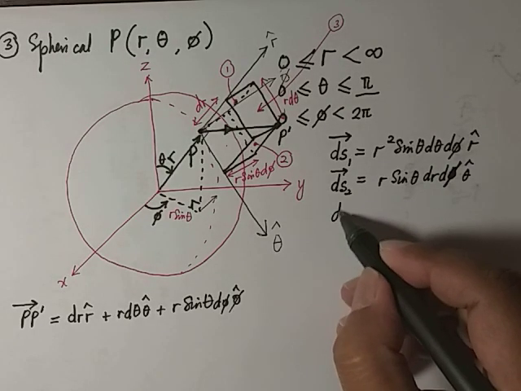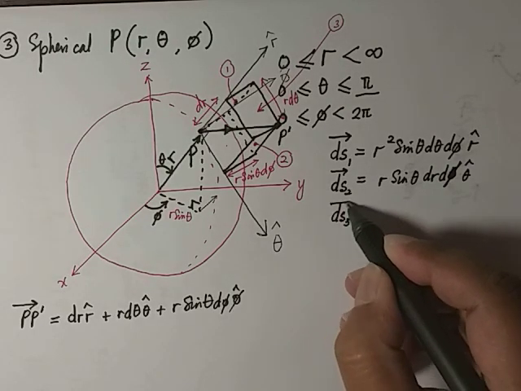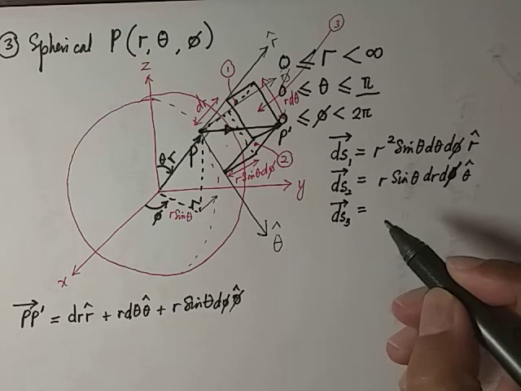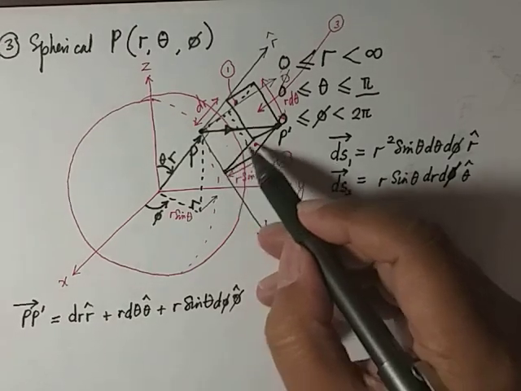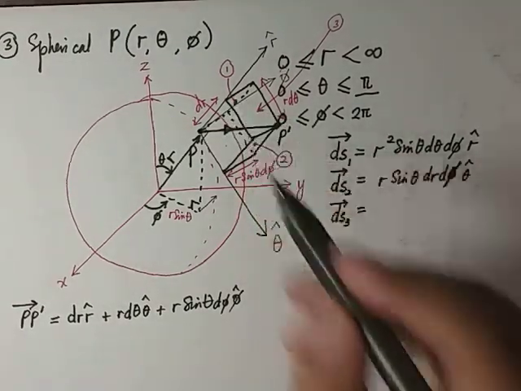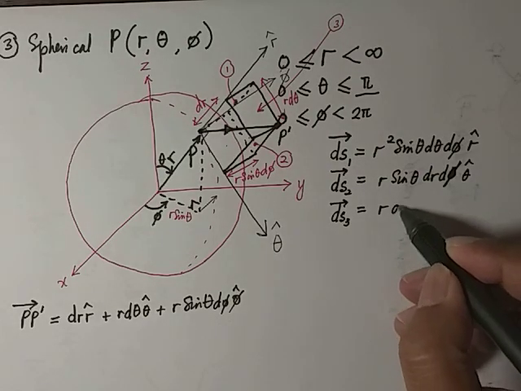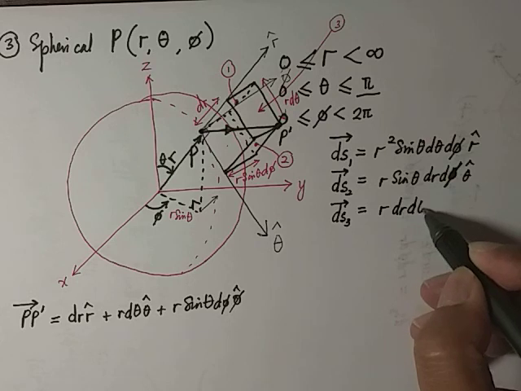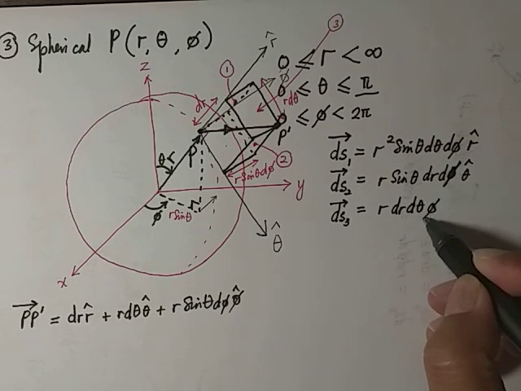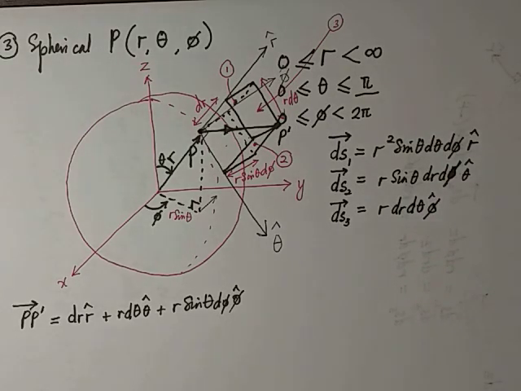And ds number 3 should be equal to this length multiplied with this length. Therefore, it should be r dr d theta in the phi direction. Is it correct? r d theta multiplied with dr should be r dr d theta.